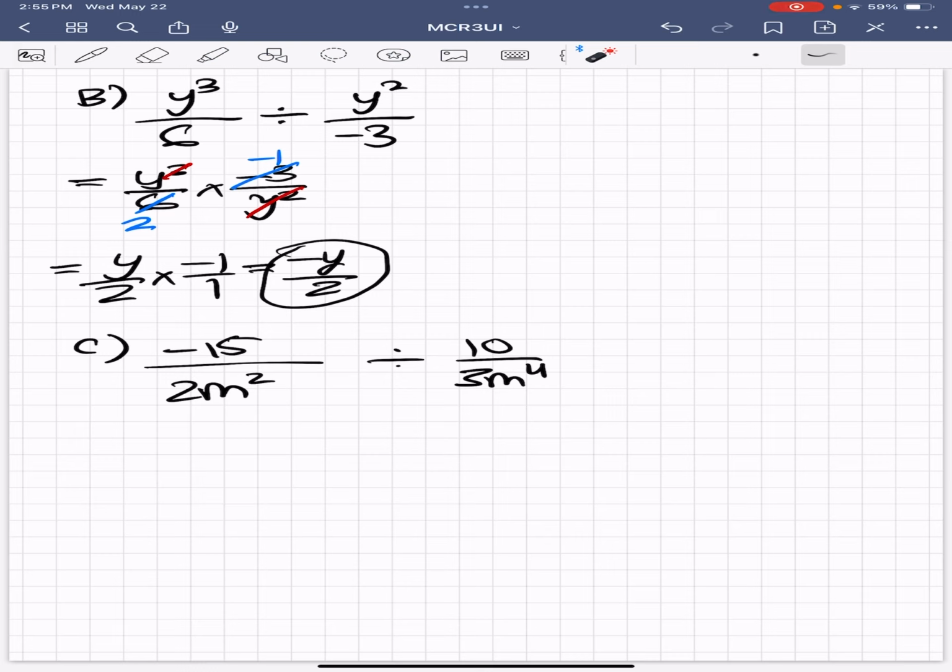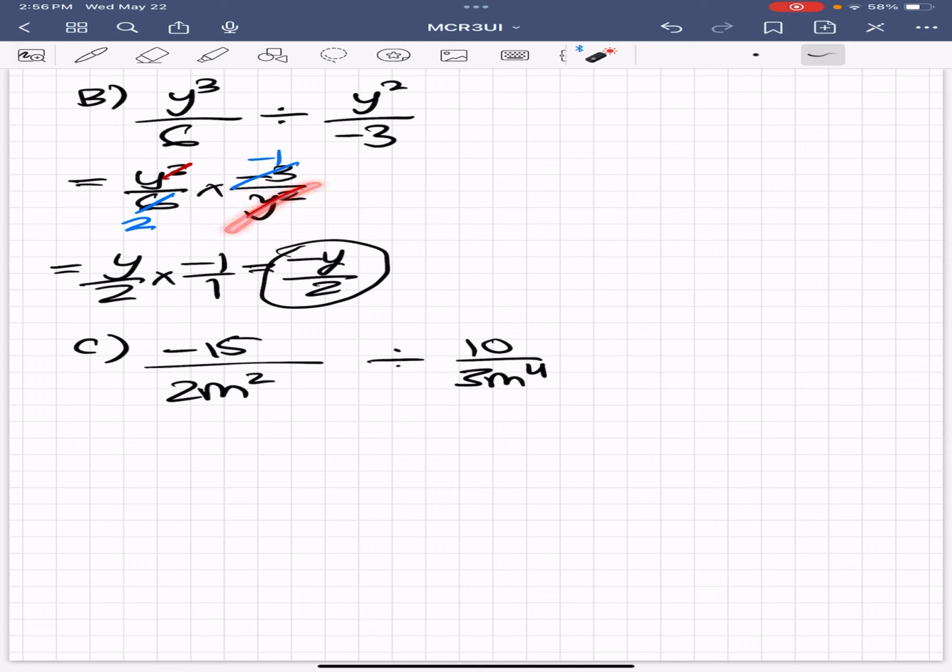So if you didn't know what we did there, we didn't divide, we flipped and multiplied. And then we have 6 and negative 3. So that's negative 1, and that's 2, because they're divisible by negative 3, or they're divisible by 3. So that's why it's negative 1 and 2. And then I have y to the power of 2 and y to the power of 3.